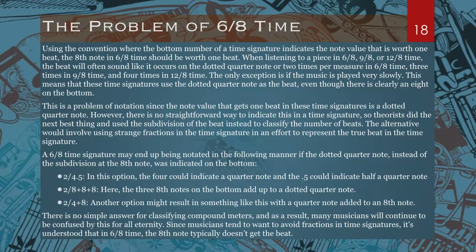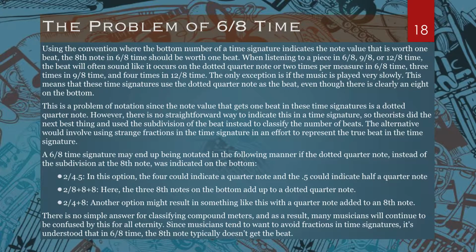The other option is to use 2 on the top to indicate 2 beats in the measure, and then have 8 plus 8 plus 8 on the bottom. But again, that also wouldn't make a lot of sense, and it's too complicated for the performer. Another option could be a 2 on top and then a 4 to represent the quarter note plus 8 to represent the eighth note. So that represents the beat as 1.5 beats. But again, this is kind of ridiculous.